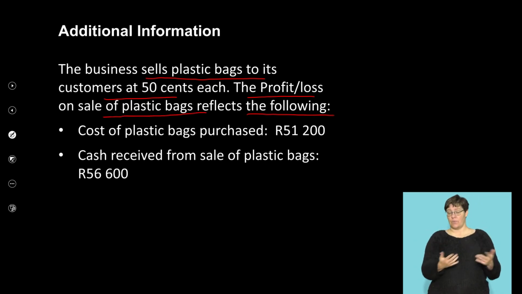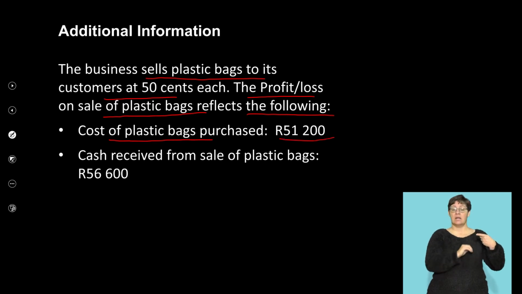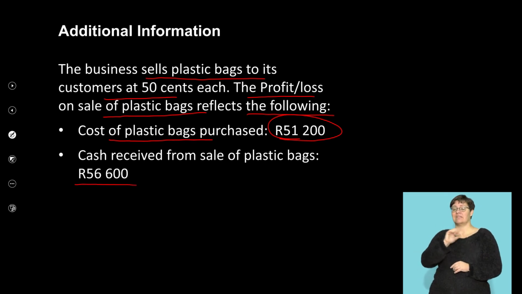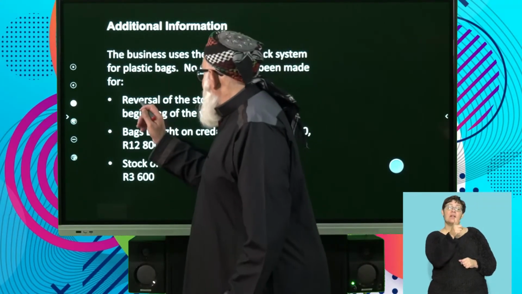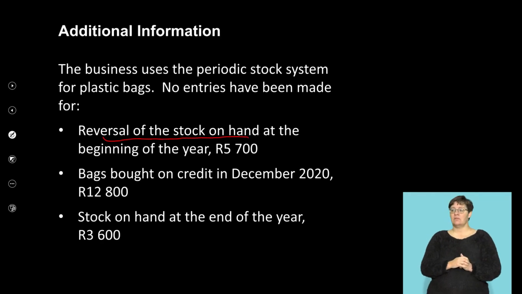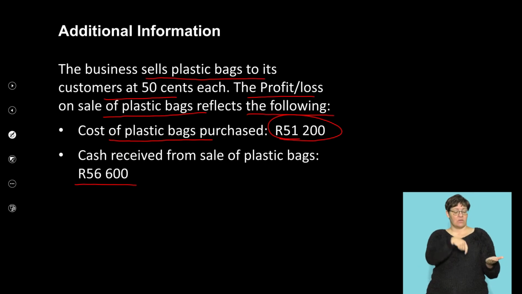1. Cost of plastic bags that we purchased, 51,200. Cash received from the sale of plastic bags, 56,600. Now, we are also told, and I think the examiners were quite kind in this one, that the reversal of the stock on hand at the beginning of the year was 5,700. Now remember what we said.